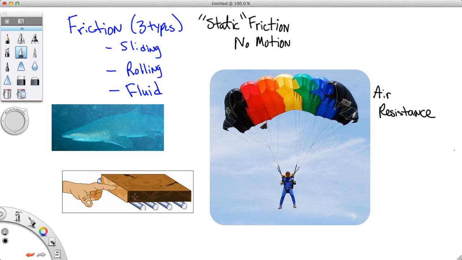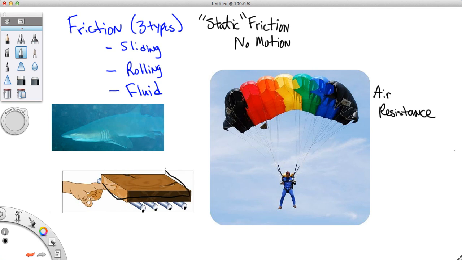Because when you are using rolling friction, the only portions of this block that are actually touching the ground are the portions of the cylinders. That spot, that spot, that spot, and that spot. That is a much lower surface area than the whole block combined.